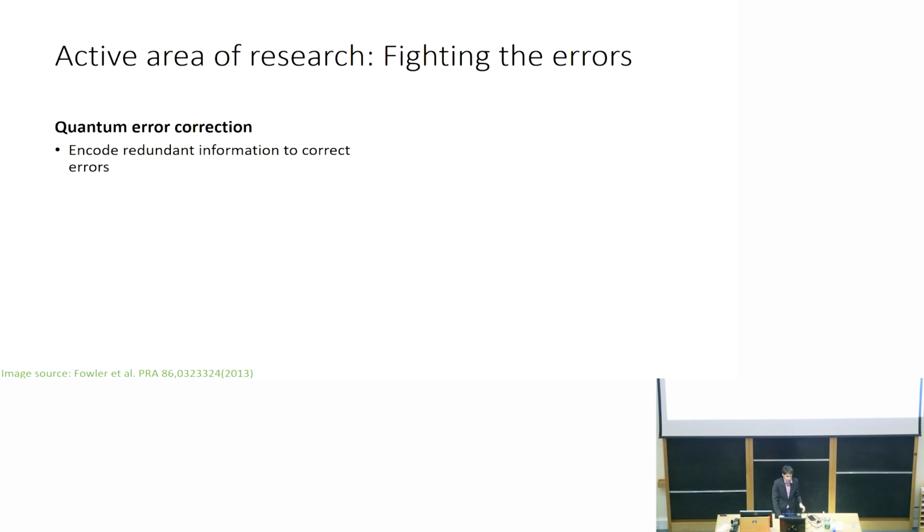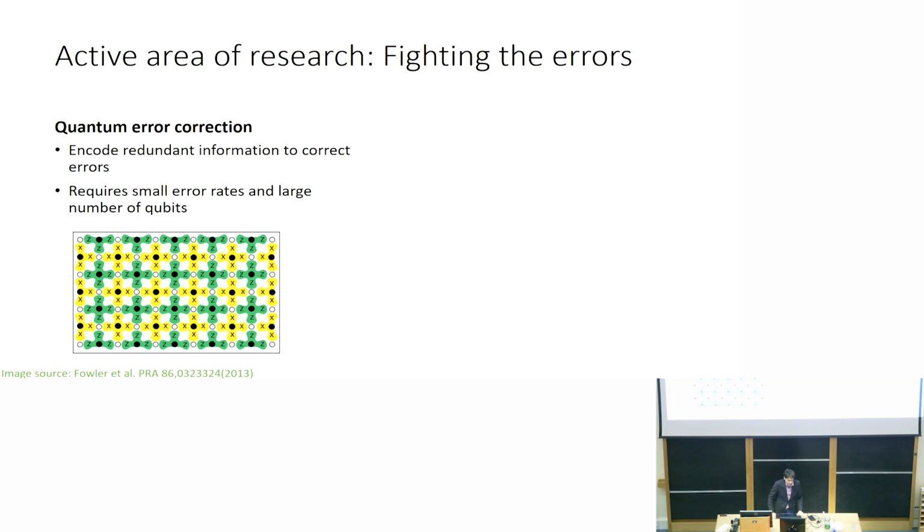And this has been shown by Benedict last time. But in order to do this, you basically require quite small error rates and a large number of qubits. Basically, the reason is when you increase the number of qubits, you also increase the error rate, and so you basically have to balance this. And I mean, this is an active area of research.